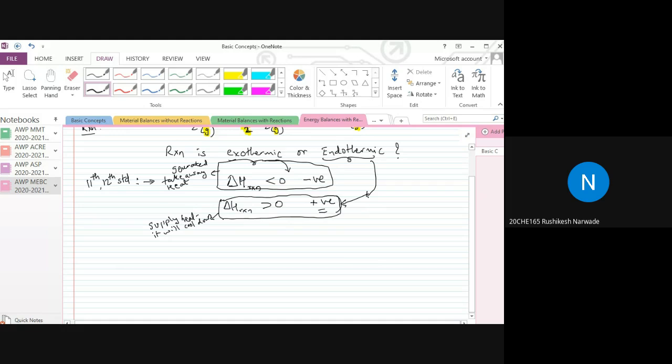Yes, sir. If it is endothermic, I need to supply heat to maintain isothermal conditions, and if I don't supply heat, the products will cool down.